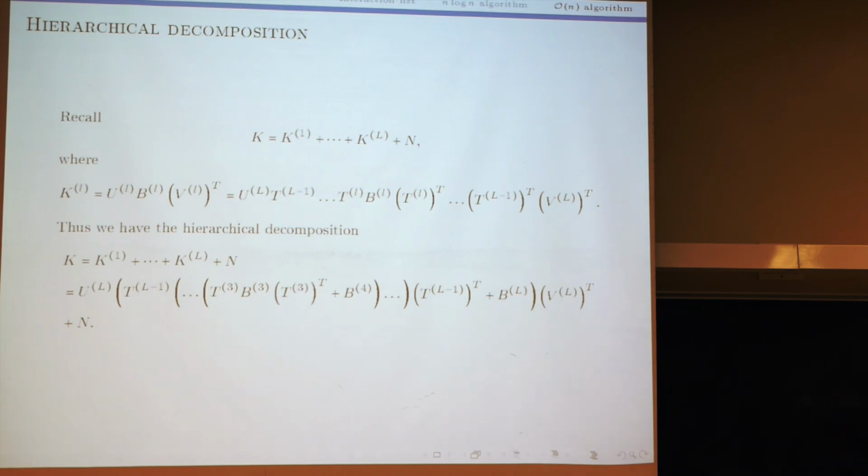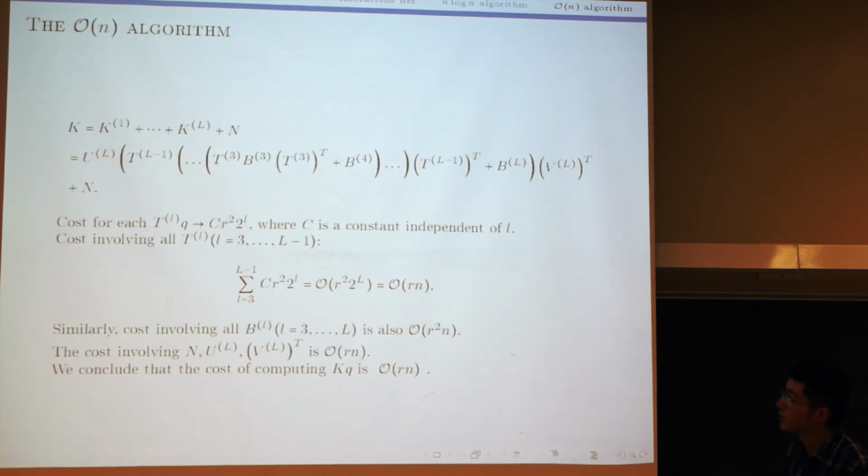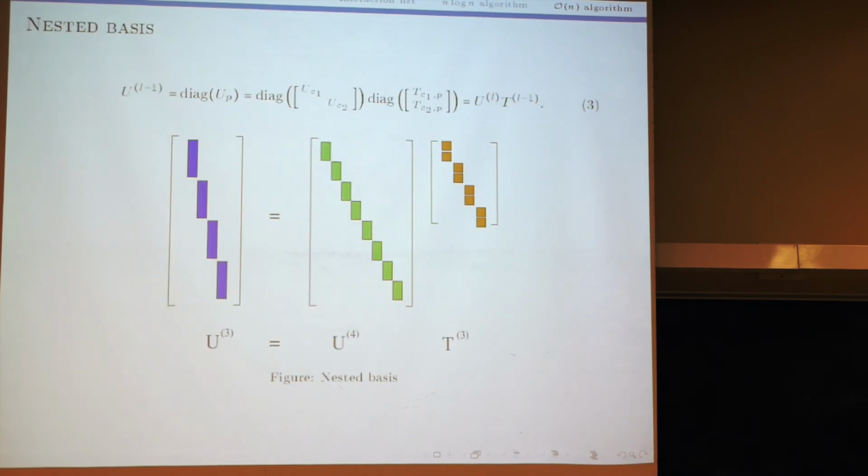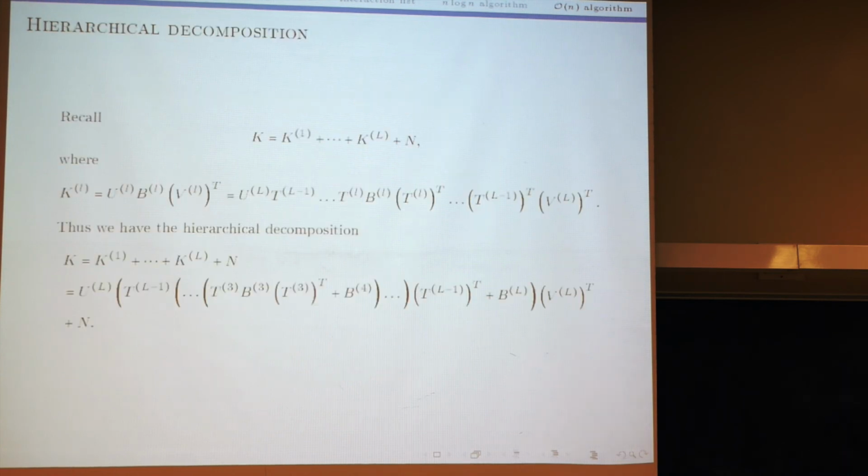That is, we use the translation relation recursively until we reach leaf level, which is level L. So here U3 can be written as a product of U capital L, T capital L minus 1, T capital L minus 2, until T3, which leads to the factorization here.